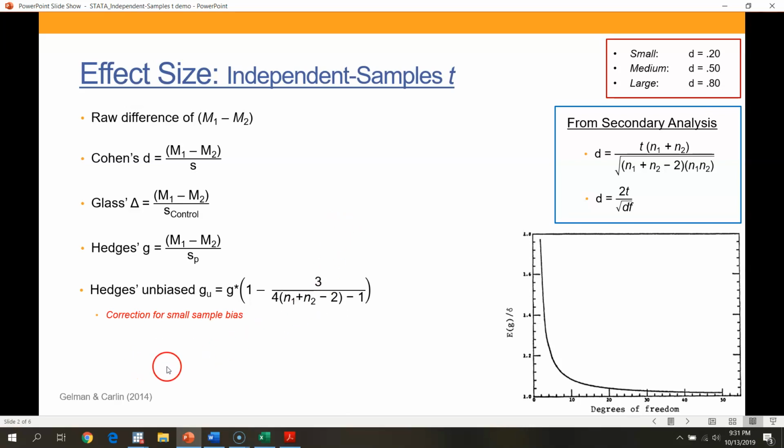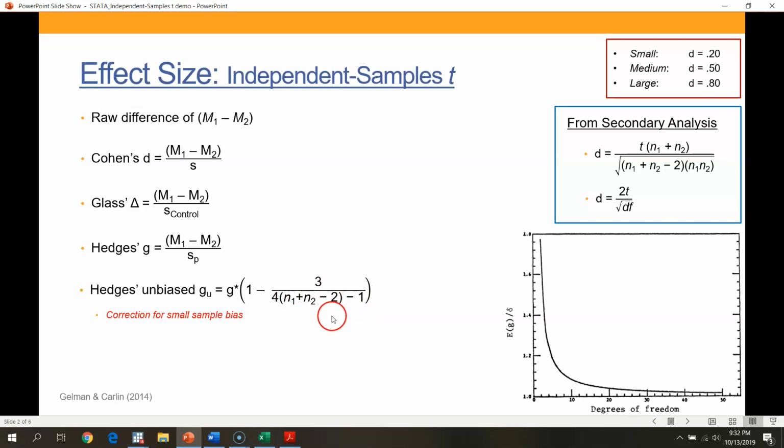And so what we can do with our Hedges' g is introduce a correction. This is sometimes called Hedges' unbiased g. It is just our effect size g times 1 minus 3 over 4 times (sample 1 plus sample 2 minus 2) minus 1.